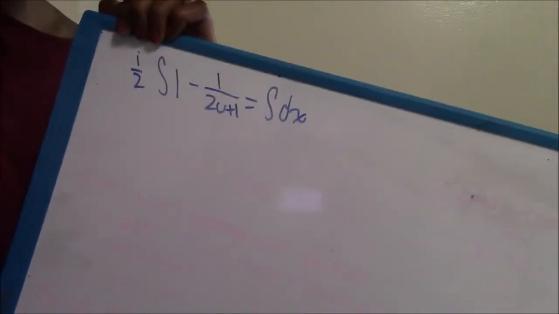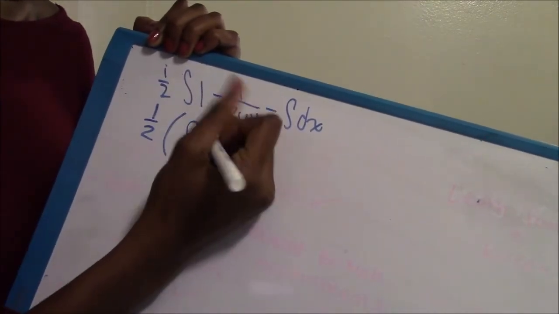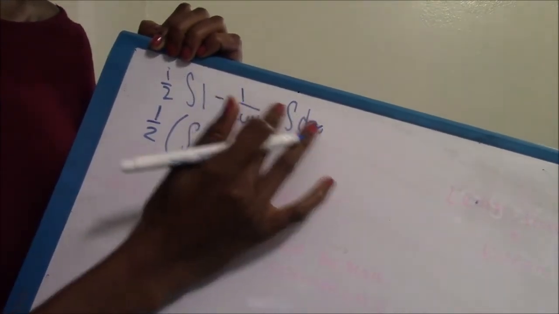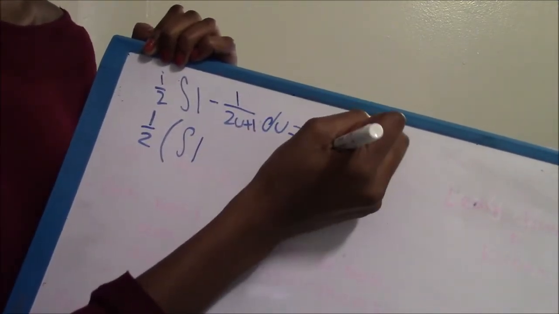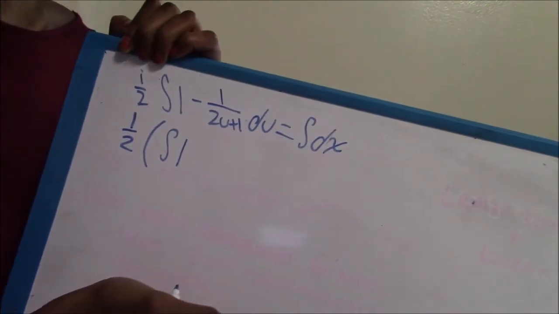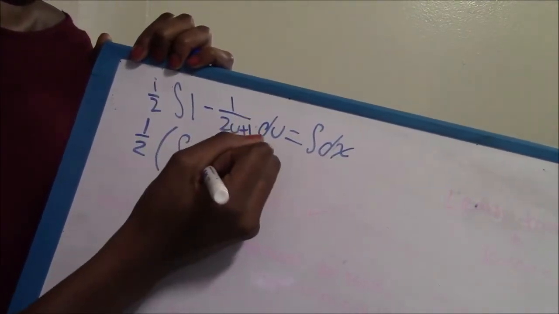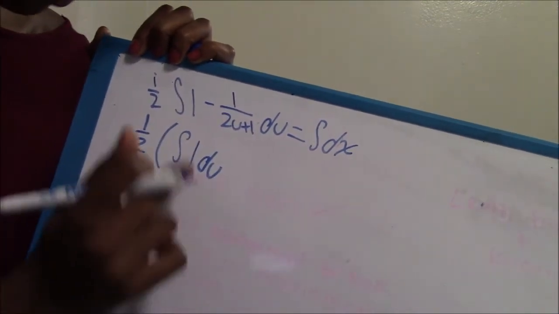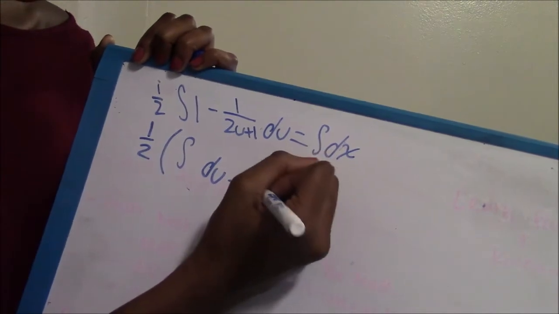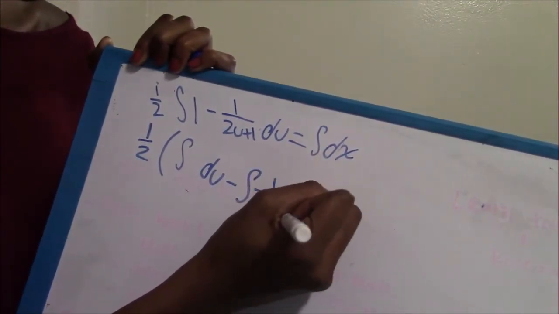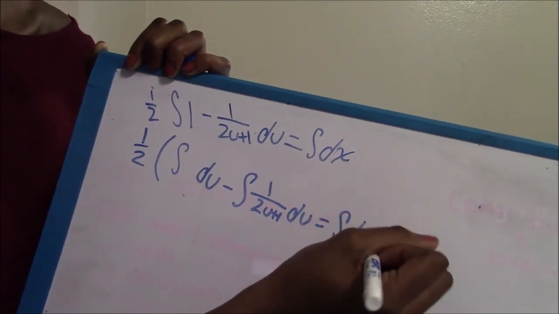So we end up having 1/2 on the outside, right? The integral of 1, oh, forgot to put the du right here. We end up having the integral of 1 du, which would just be u, right? Minus the integral of 1 over 2u plus 1 du equals the integral of dx.